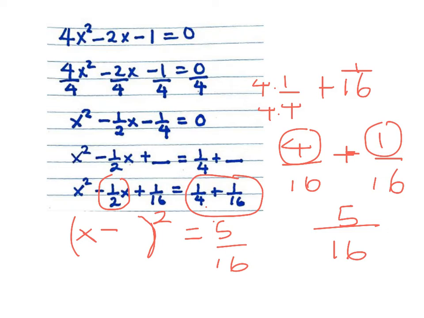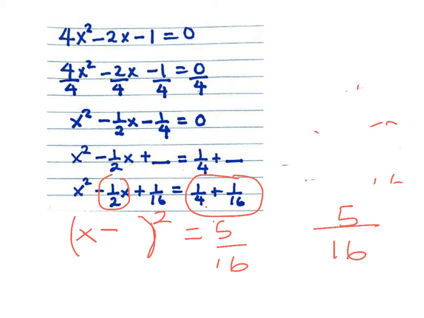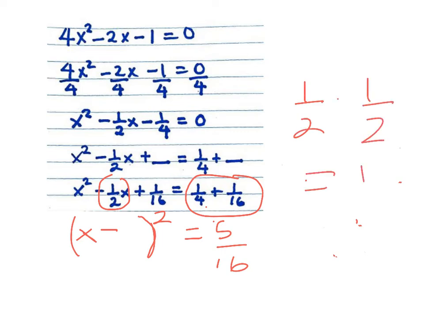So 1/2 of 1/2 is 1/4, which is what we squared in the previous step. So it's going to be 1/4 here.